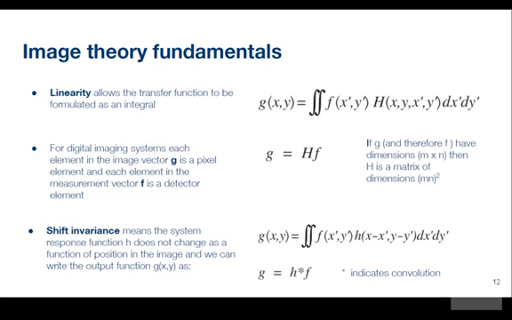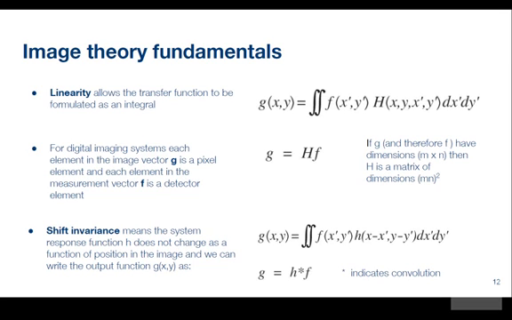The shift invariance one means that this response function is not going to change as a function of location. This is quite an important one because it means that our integral here becomes what we call a convolution.